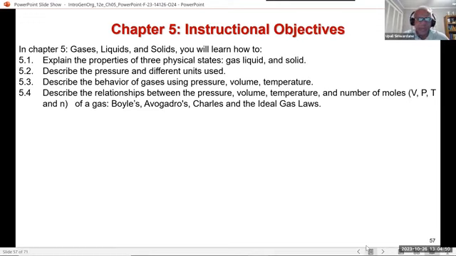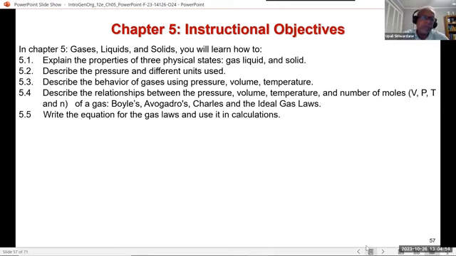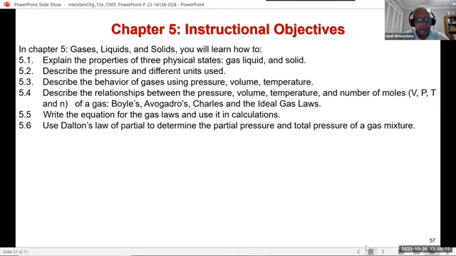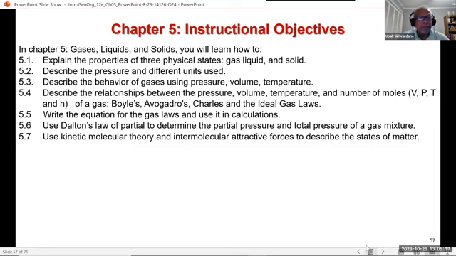We did calculations using each one of these gas laws. So you should be able to write them down and do calculations after identifying the variables that need to be plugged in and solve for unknown variables. For Dalton's law of partial pressure, we also did some calculations.